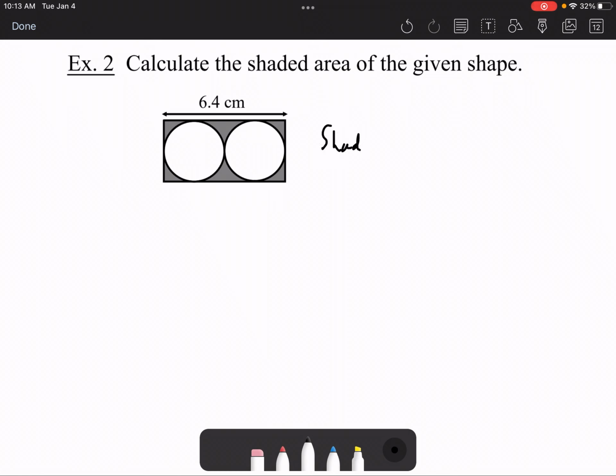My shaded area, area shaded, is equal to my area of my rectangle minus 2 times the area of a circle.